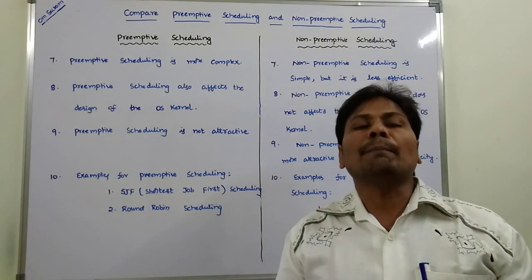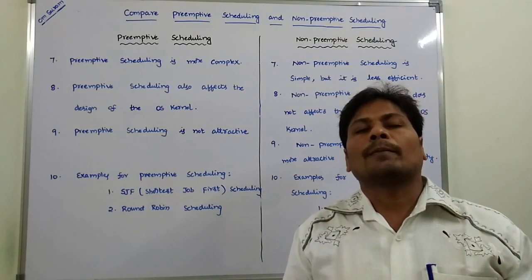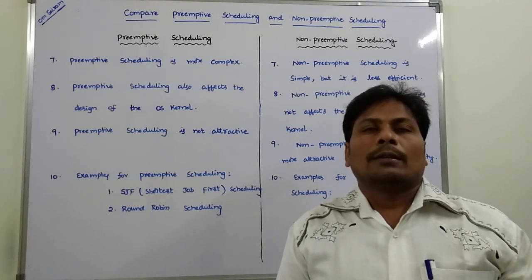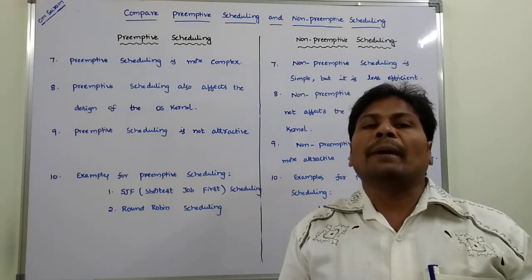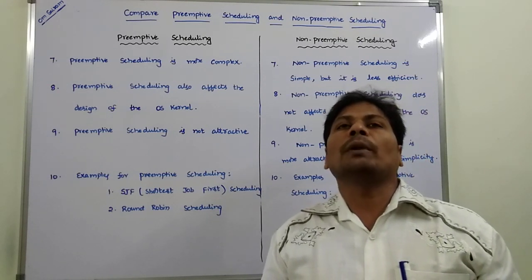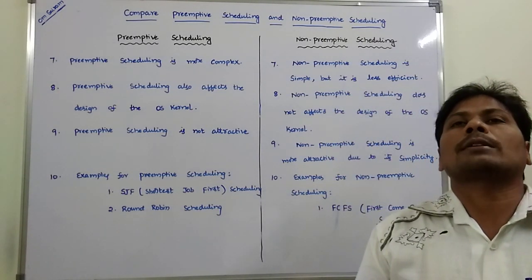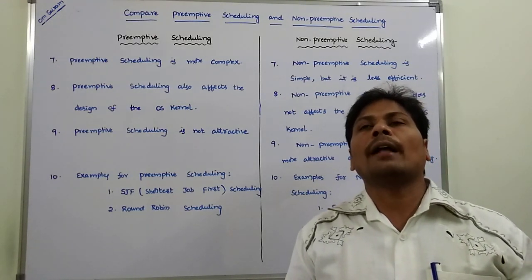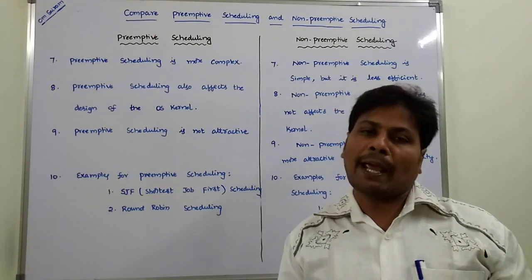Next one, preemptive scheduling is cost associative. It can take more cost because the CPU is switching between the processes multiple times.